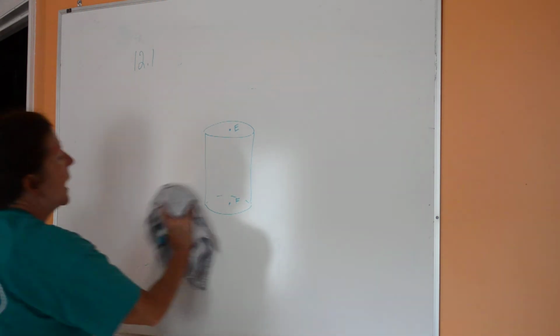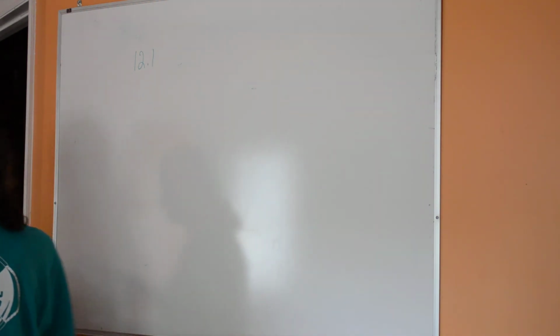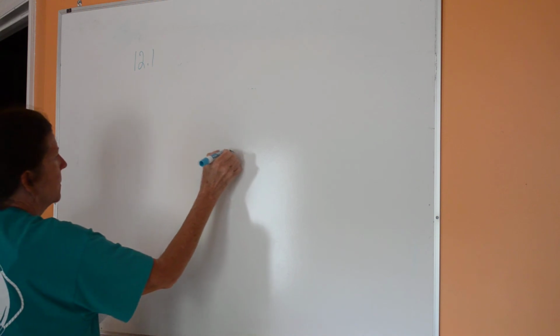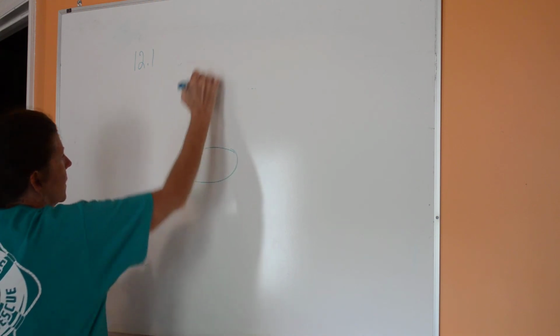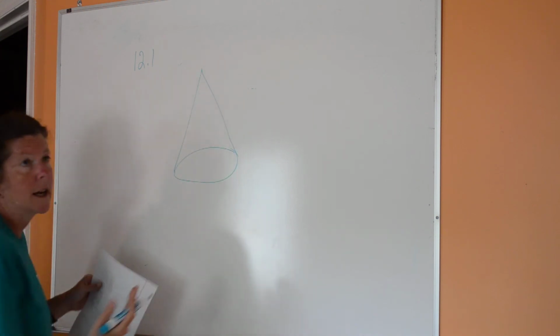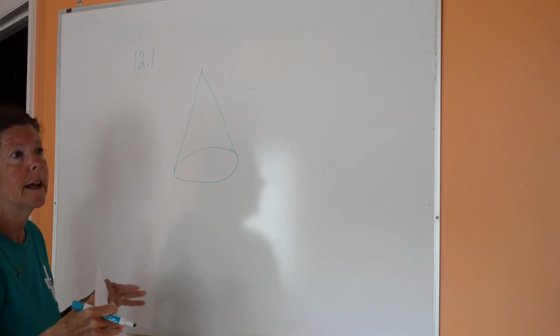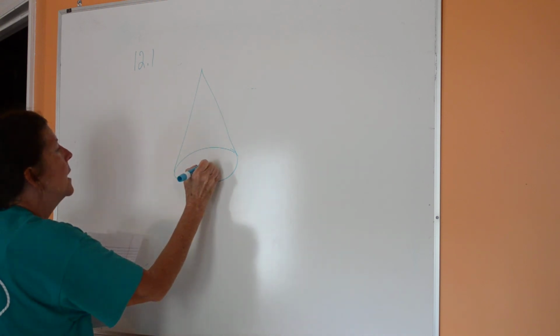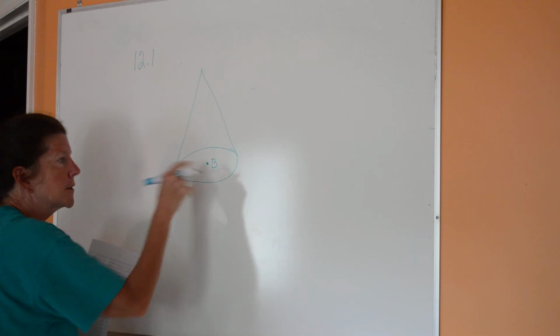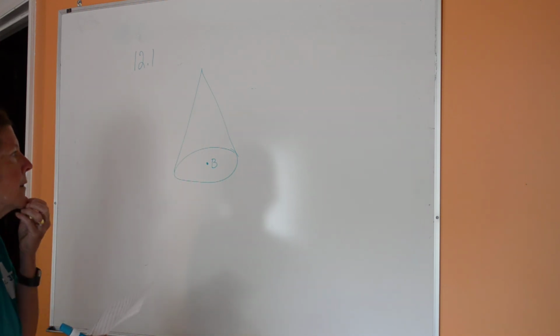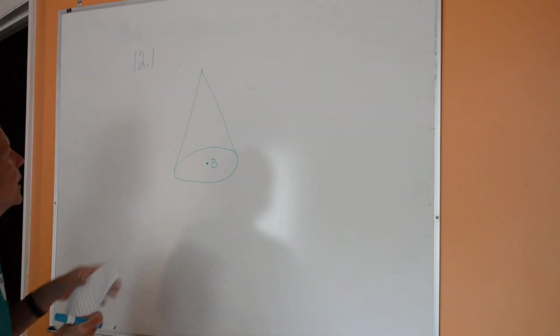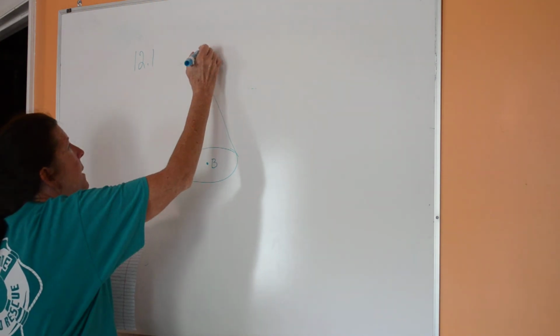Then we also have cones. A cone, like an ice cream cone or an orange construction cone. Its base is also a circle, so the base of this would be circle B. There is a vertex up here. We would name it by a point.